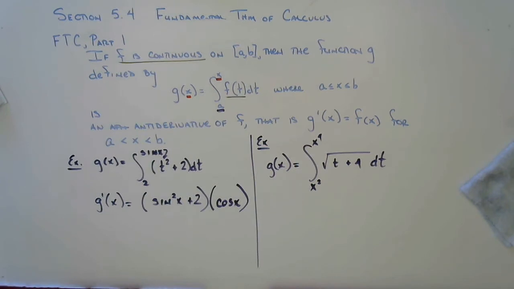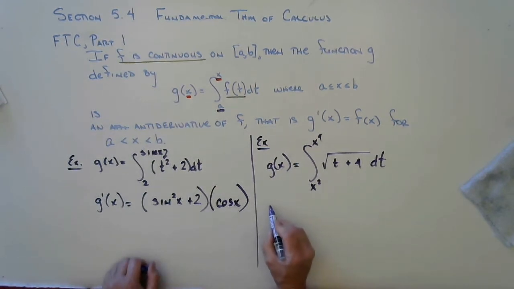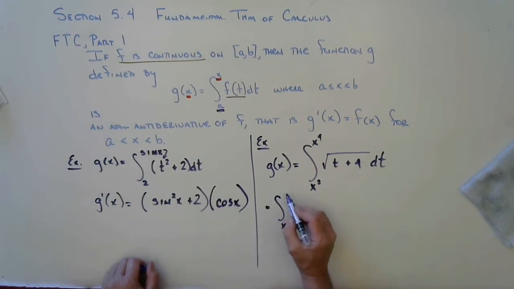See, that's not a number. I can't just put the x to the fourth in here and do the chain rule and be finished because I don't have a number here. But we have a property of integrals that says we can write this like this.